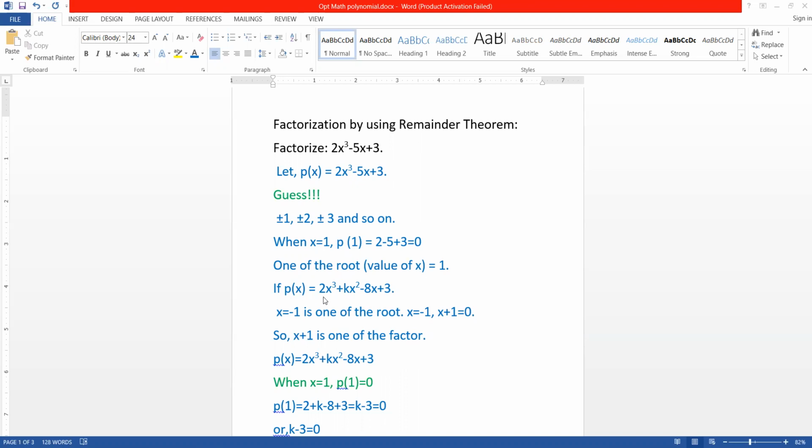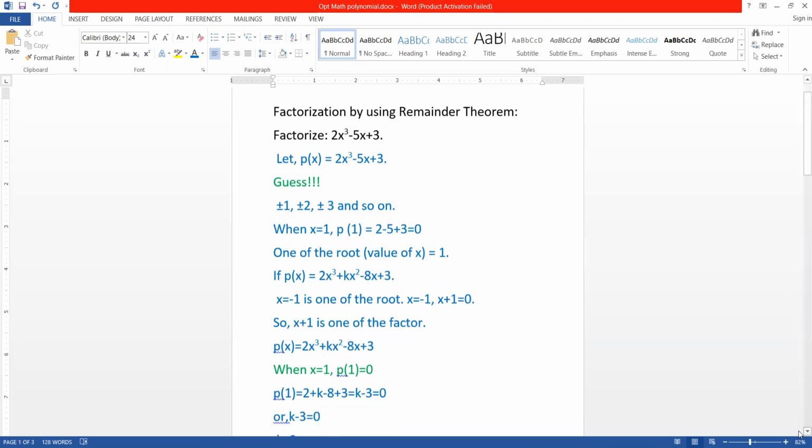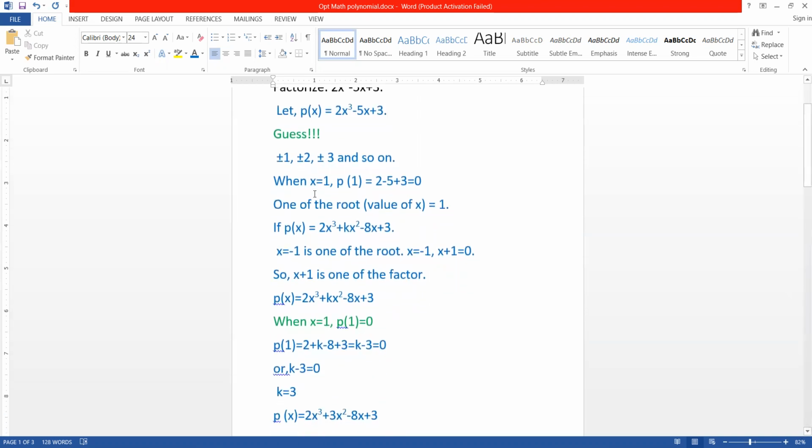Okay, so let's go to the next. If p(x) equals 2x cubed plus kx squared minus 8x plus 3, and one of the roots is x equals 1, then we can put p(1) equals 2 plus k minus 8 plus 3.